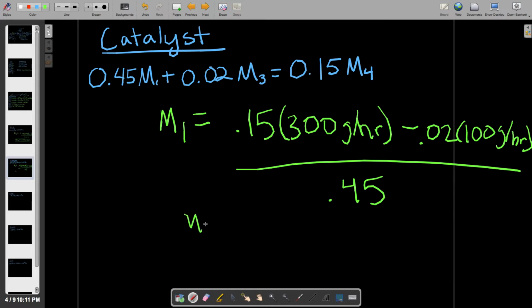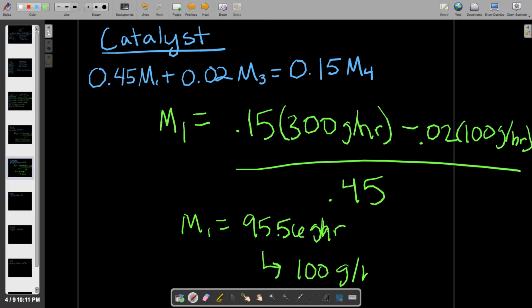And this will give us M1 is equal to 95.56 grams per hour. And because of sig figs, we're going to say that that is 100 grams per hour.